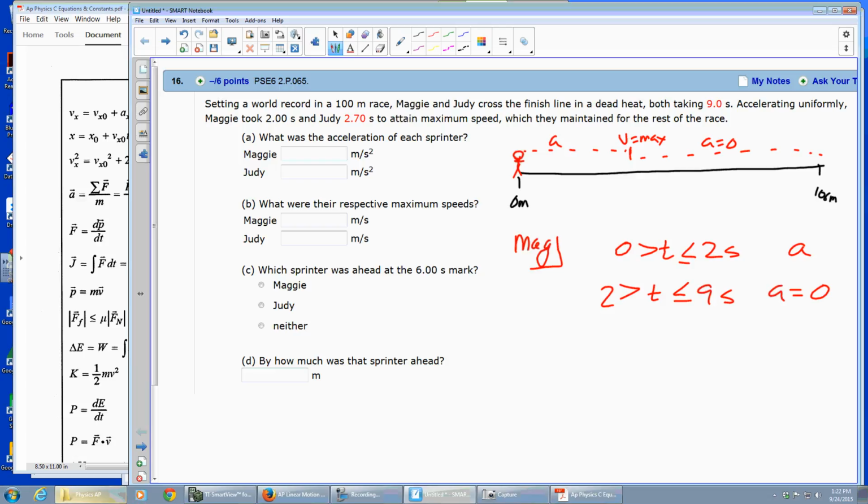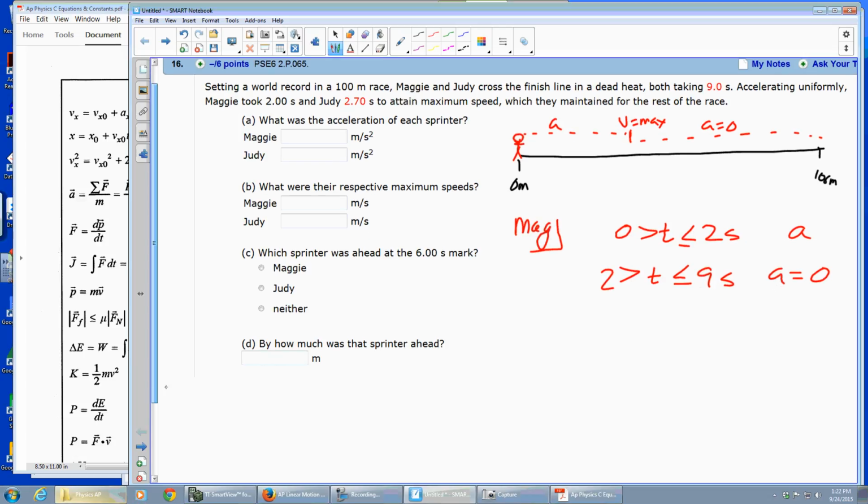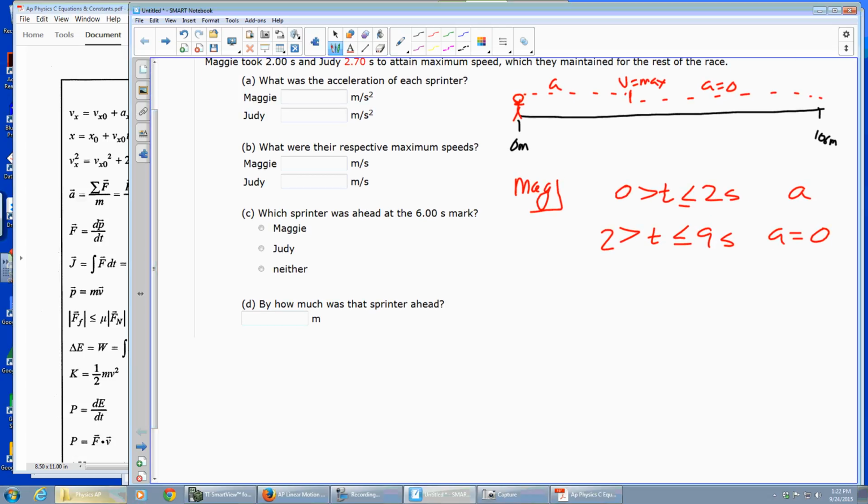You can do a couple of relationships here. Let's call this section 1 and that section 2. For section 1, we can use our definition of velocity.